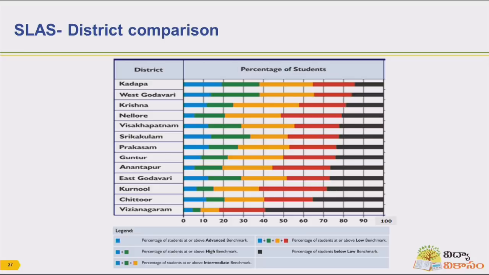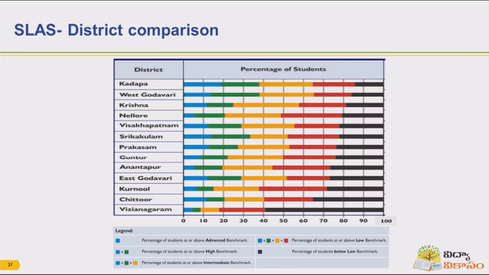That means we need to focus on students who need more improvement. Understood? So in Vizianagaram we have around 60% of the students performing poorly? Poorly. Okay. That means we need to focus on that.